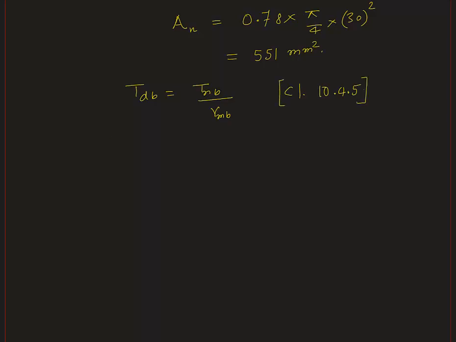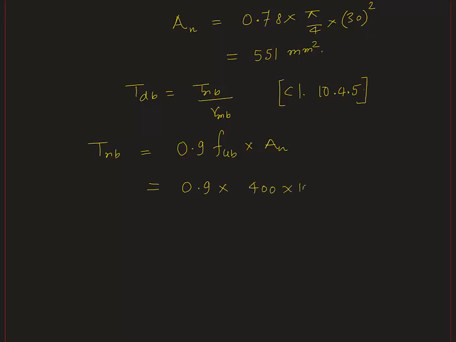Now let us calculate TNB, and that is given in the IS code, that is 0.9 times FUB times AN. So now we know each value, and the bolt tensile strength is 400 MPa.